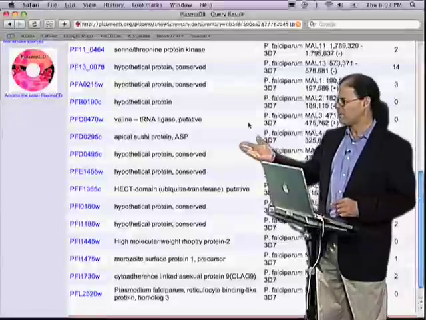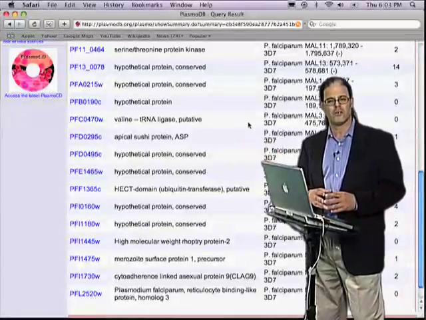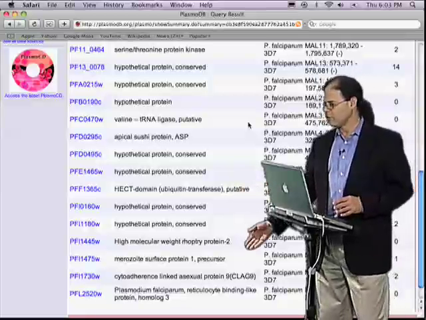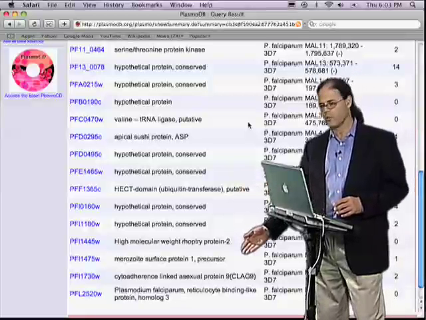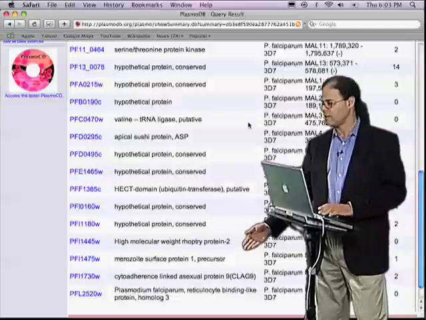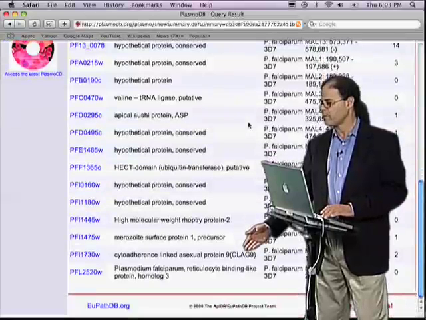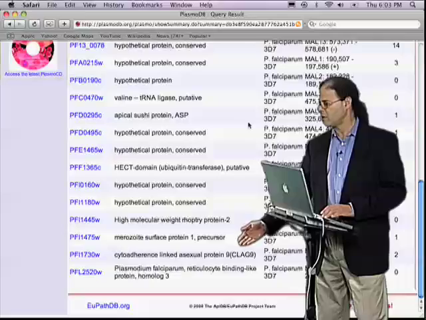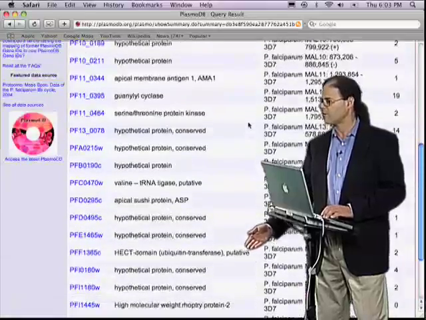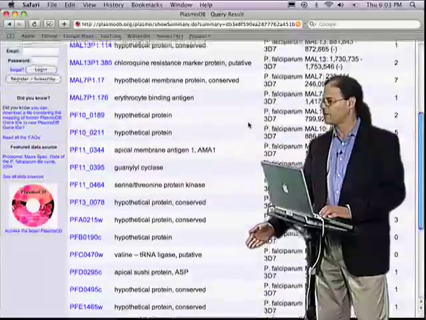It's hard for me to believe that a tRNA ligase would be a good vaccine candidate. But here's the second of my positive controls, MSP1, the other of these leading candidates for an intraerythrocytic or erythrocytic stage vaccine, and several other proteins which have certainly been considered. This CLAG9 protein has been advanced, for example, as a candidate target for vaccine development.